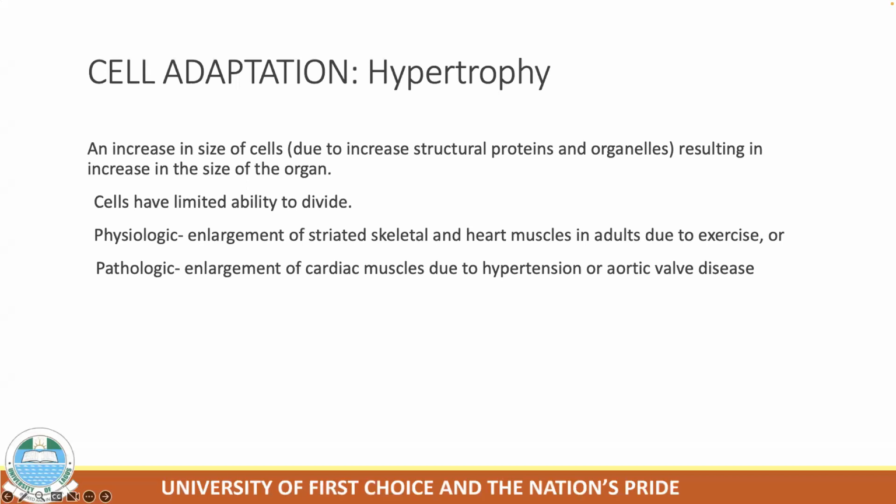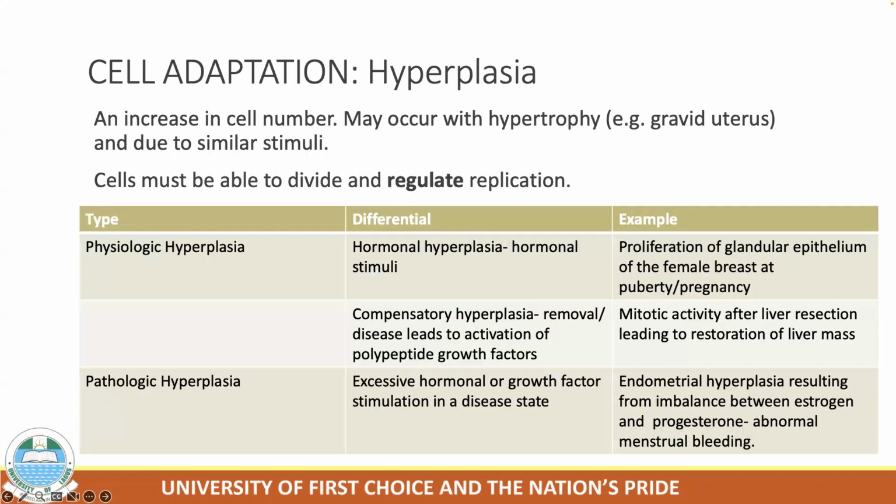Hyperplasia may occur with hypertrophy. For example, during pregnancy, right? You will notice that the gravid uterus both expands in cell size and in cell number to accommodate the rapidly developing fetus. Okay. And this also happens to a limited extent in the muscles as well, right?